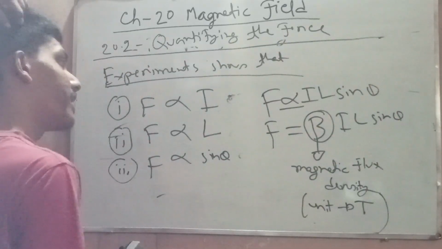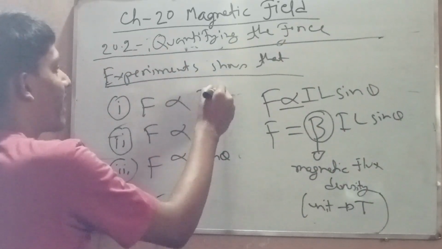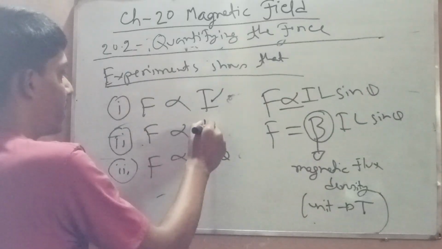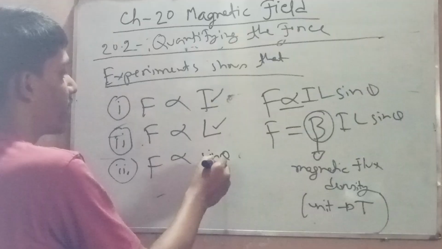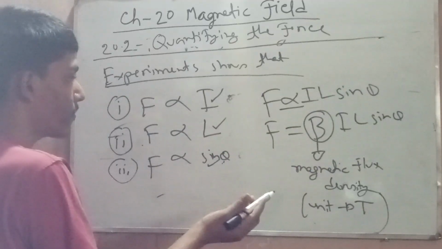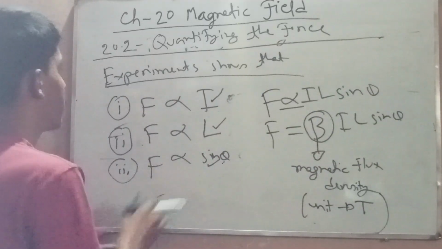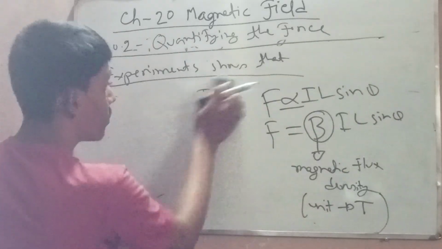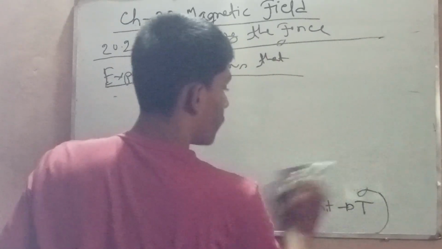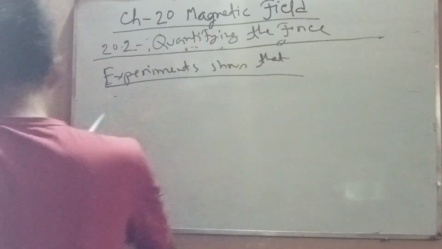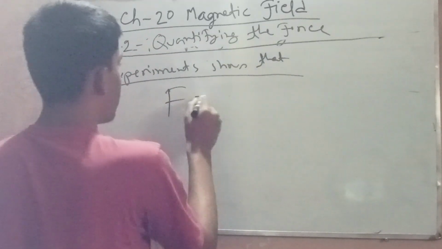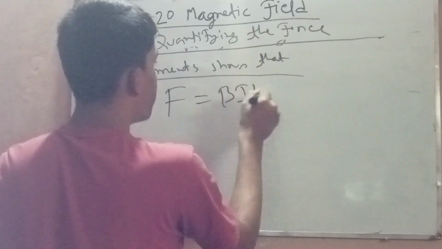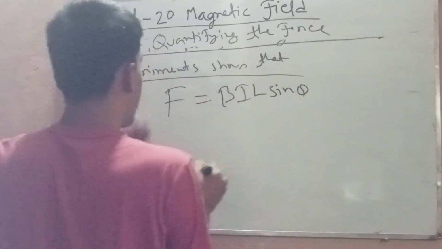So experiment shows that F is directly proportional to current on the conductor, F is directly proportional to the length of the conductor, and F is proportional to sin theta, where theta is the angle between field and current. So F is equal to BIL sin theta.